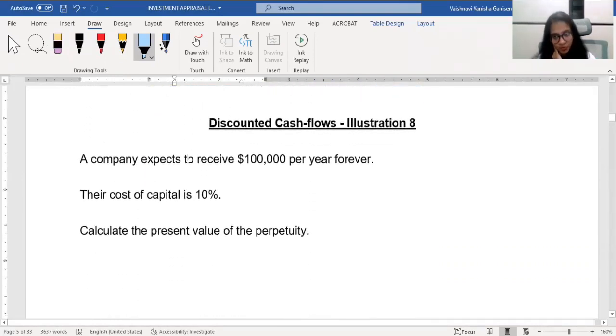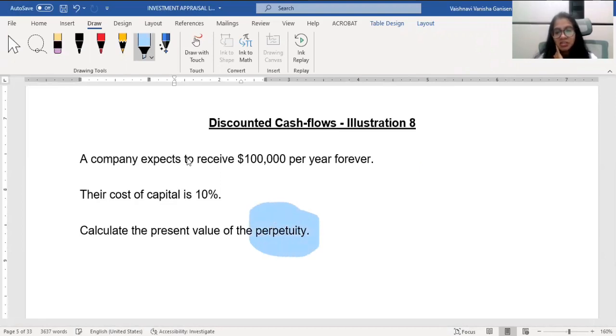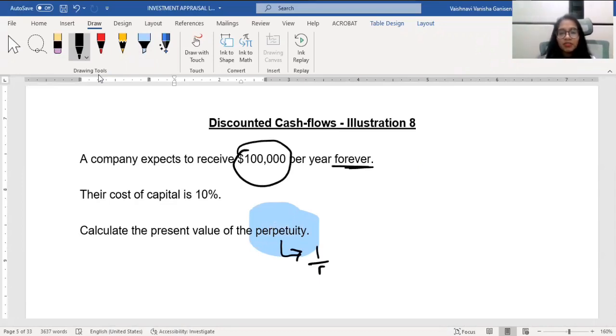Now, the next one. The simpler, easier one. Calculate the present value of the perpetuity. Whenever I say perpetuity, what is your formula? It is 1 over R, right? The company is expected to receive $100,000 per year forever.